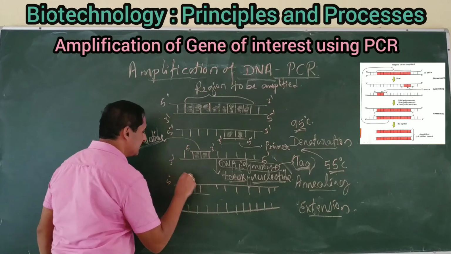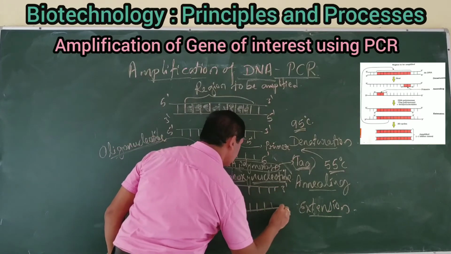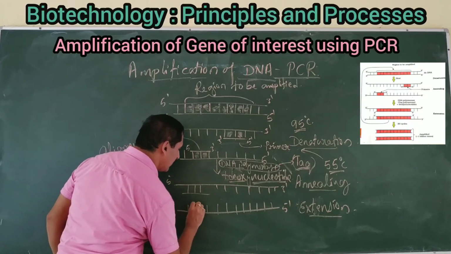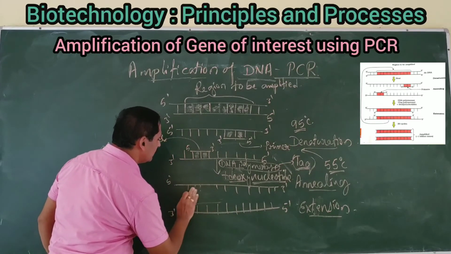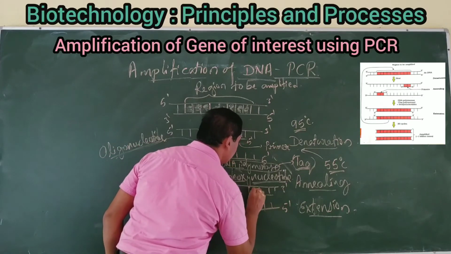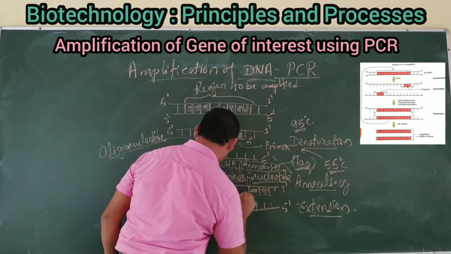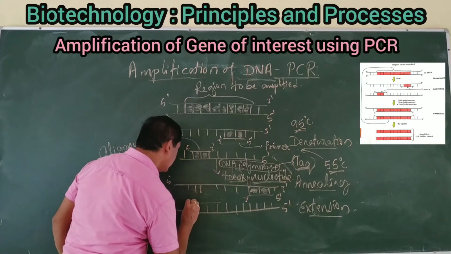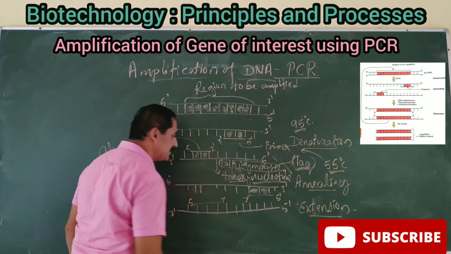As you know, it runs in the 5' to 3' direction, so we can see the 5' to 3' linkage. The RNA primer is added here, the RNA primer in the 5' to 3' direction. Here also you can see the 5' to 3' linkage.